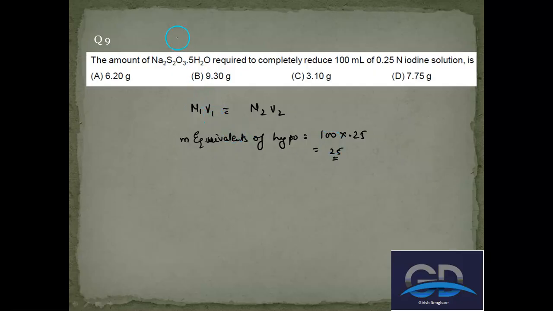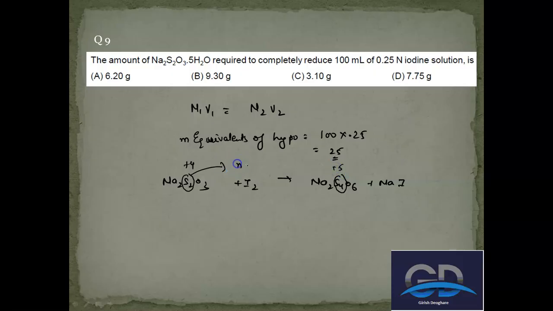Right, now clearly for this titration, which is Na2S2O3 plus I2 giving us sodium tetrathionate Na2S4O6 plus NaI, we will see that N factor over here: on these two sulfur, the charge is plus 2, and on the two sulfur over here, charge is plus 2.5.